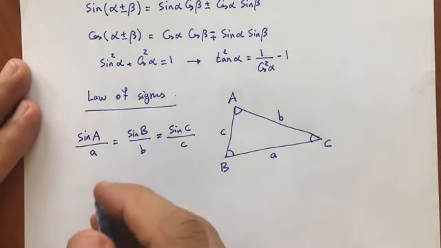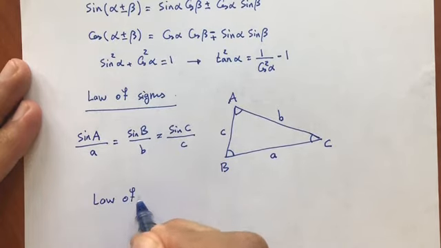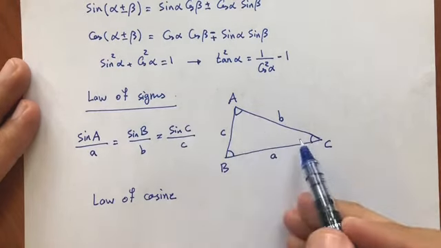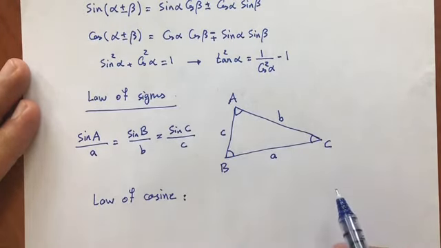And also we have another one, the law of cosines. We have this relationship between the sides of a triangle.